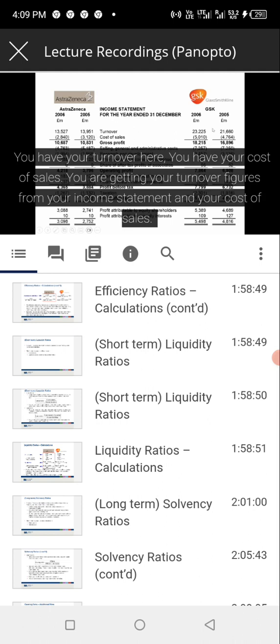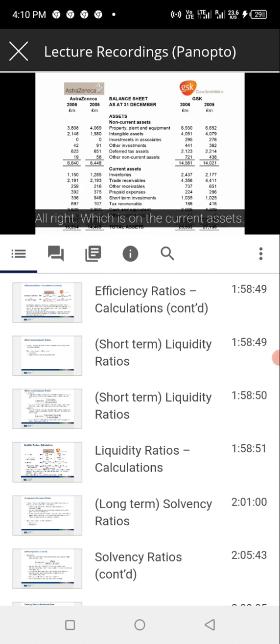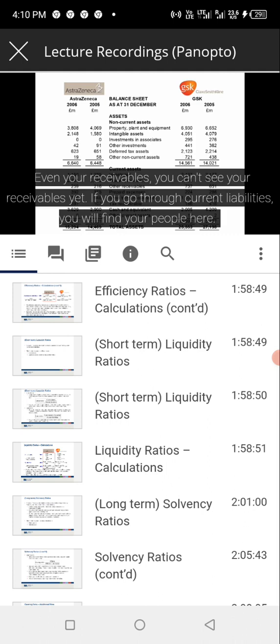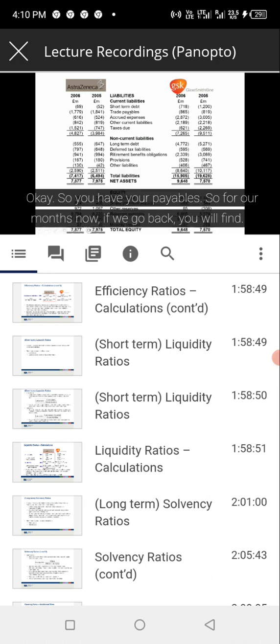You have your turnover here, you have your cost of sales. You are getting your turnover figures and your cost of sales from your income statement, then your inventories coming from your balance sheet, which is under current assets. Even your receivables, you can see your receivables here. If you go to current liabilities, you will find your payables here. Okay? So you have your payables.